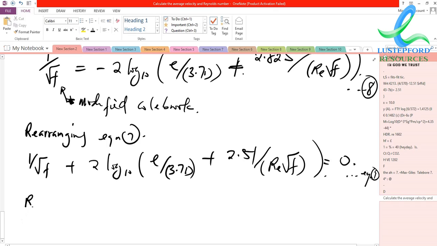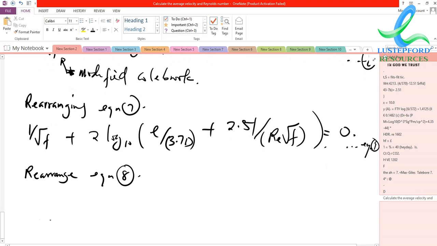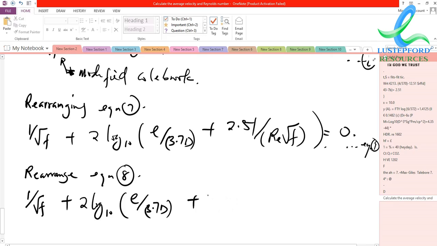Now let's rearrange equation 8. So we now have 1 all over the square root of f plus 2 log base 10 of (e divided by 3.7d plus 2.51 divided by Reynolds number times square root of friction factor) equal to 0.